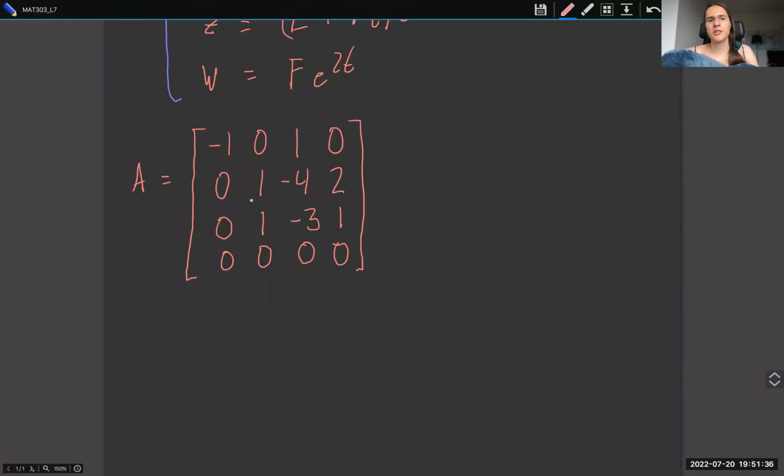So the cofactor expansion for the determinant is going to work great because only one of the cofactors is going to be non-zero. So the determinant of A minus lambda I is going to equal -1 minus lambda times the determinant of this matrix.